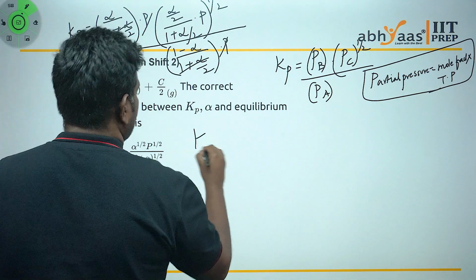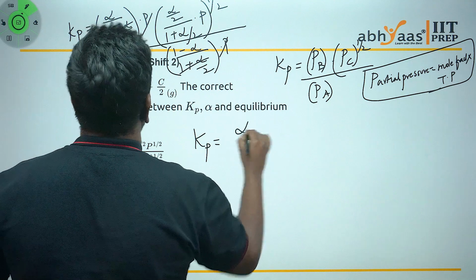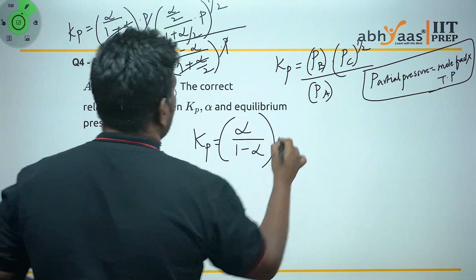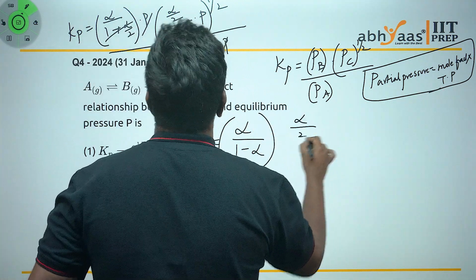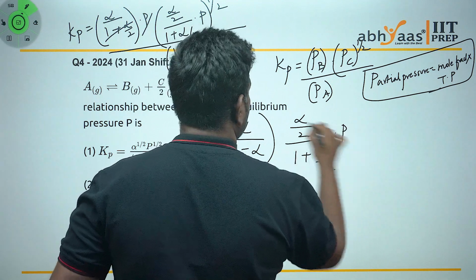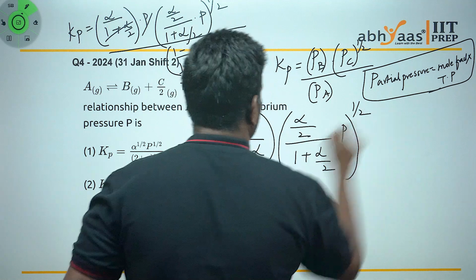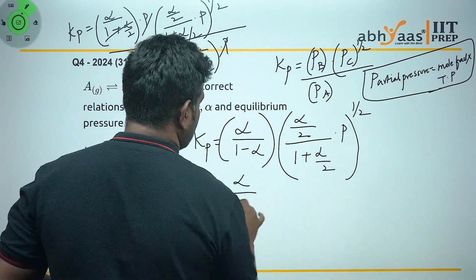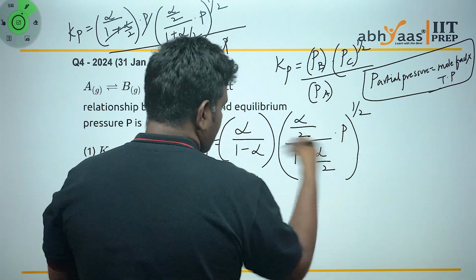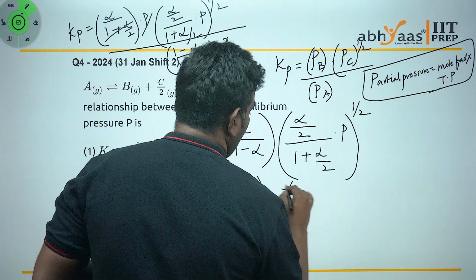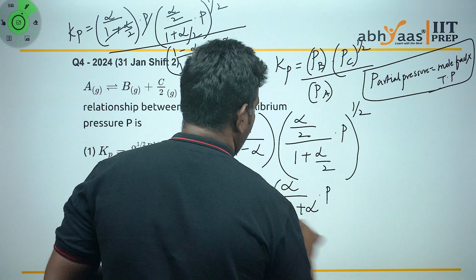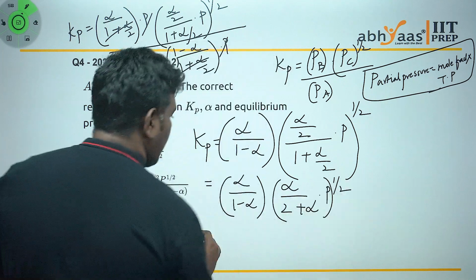Now I can write Kp is equal to alpha. I'm just taking this 1 minus alpha here, 1 minus alpha into alpha by 2 divided by 1 plus alpha by 2 into P, whole raised to 1 by 2. So the next simplification step will be 1 minus alpha. After taking the LCM and all, I can write it as alpha by 2 plus alpha into P, the whole raised to 1 by 2.